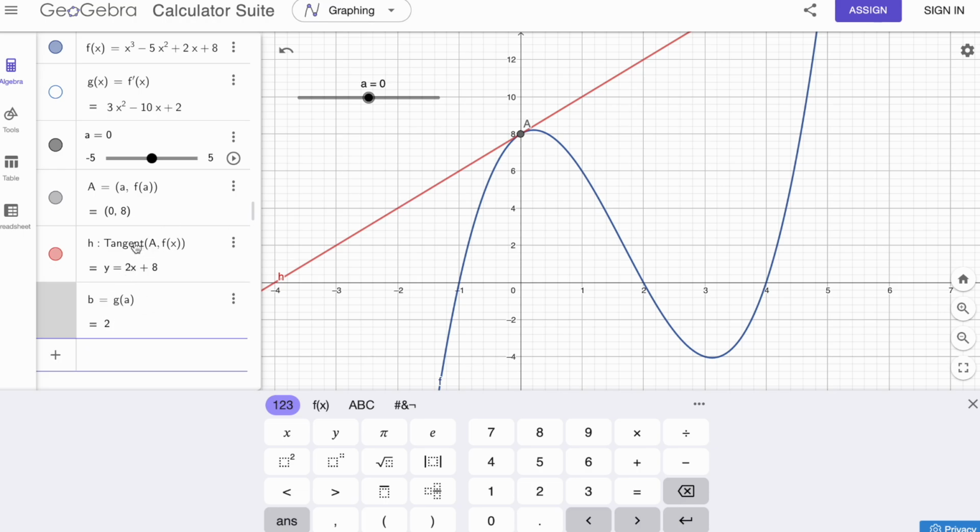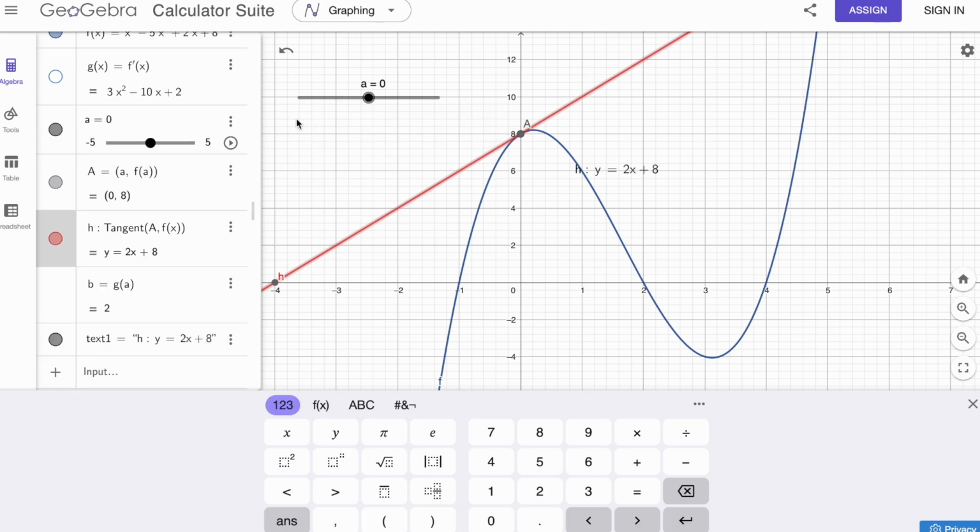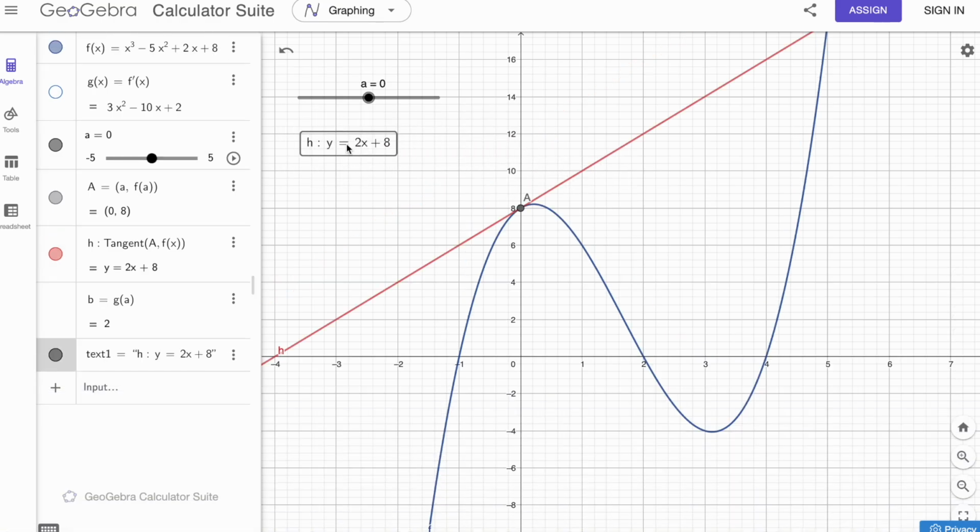If you want to add this equation here on the coordinate plane, you can just drag it, and you'll see that it will change as we move the tangent. And I can also drag this, which is the gradient. Okay, and as I mentioned before, these numbers will change.